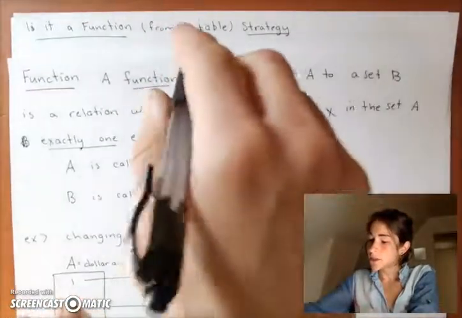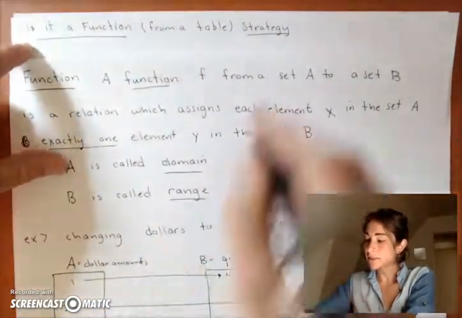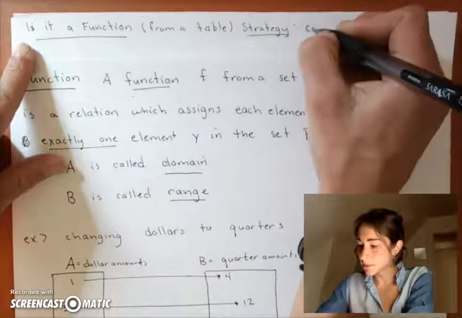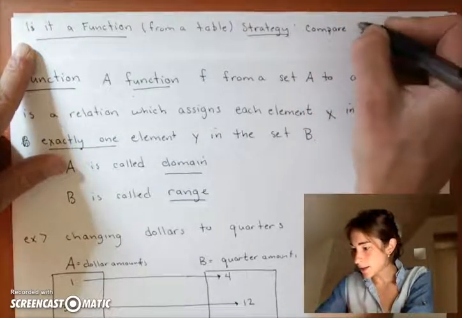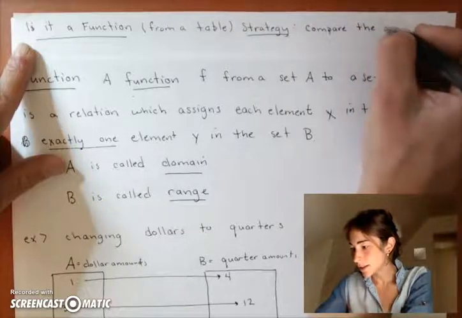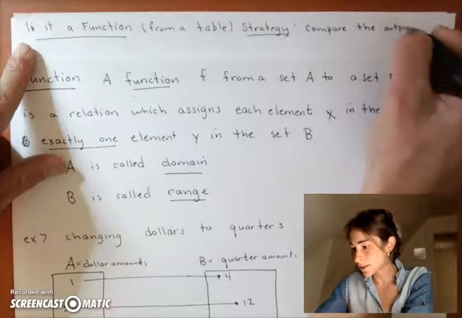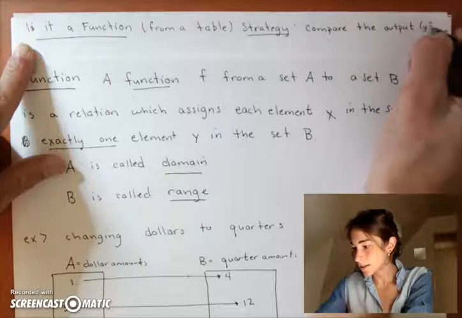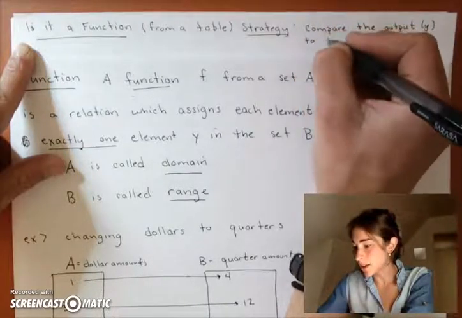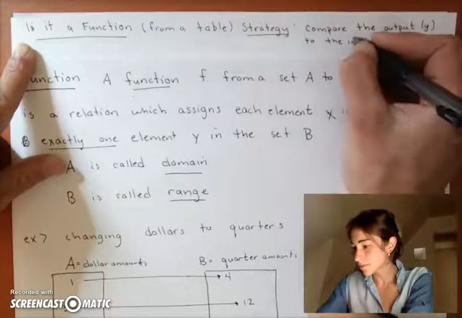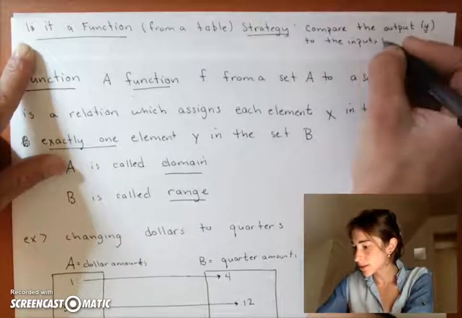And so our strategy, if we have a table, is going to be to compare the output y to the inputs x.